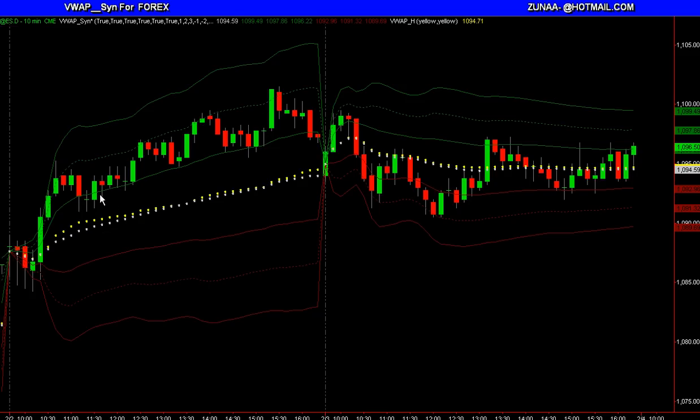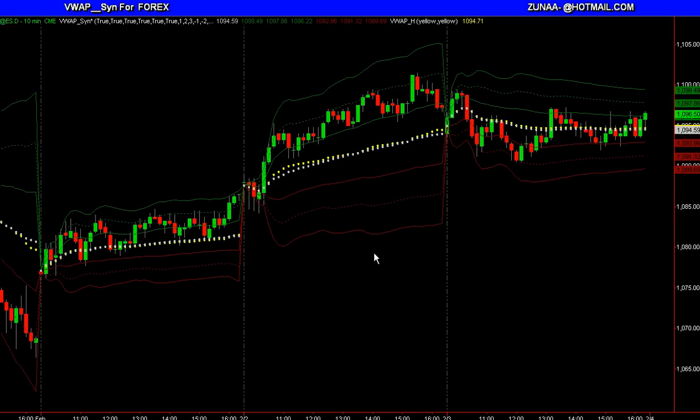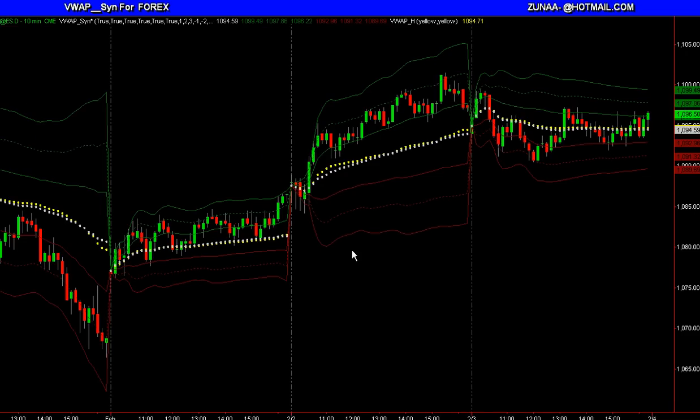So the second indicator, which is the gray points, and the bands are projected from that gray point, does not use volume. It is using synthetic volume, or I call it synthetic volume, but it's another way of plotting the same information. So I have it on ES with the traditional volume weighted average price, just so you guys can see how similar they are.